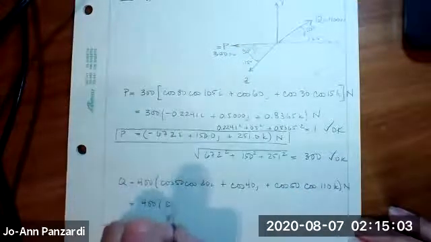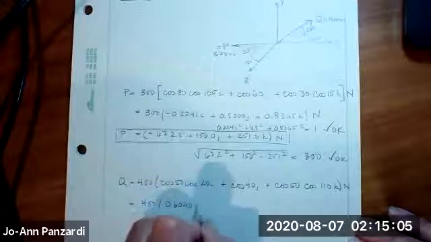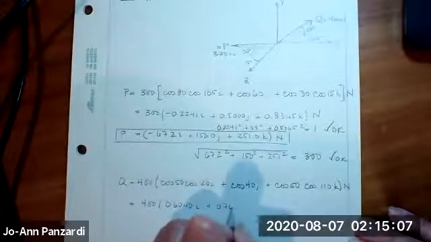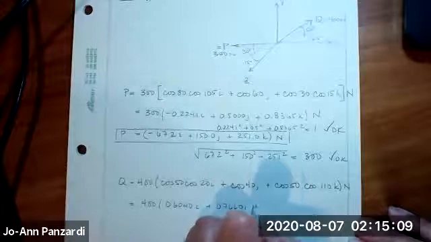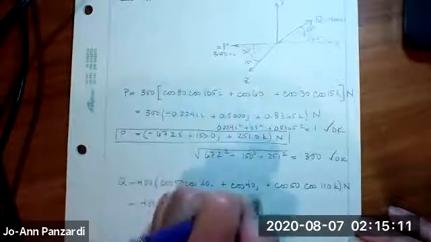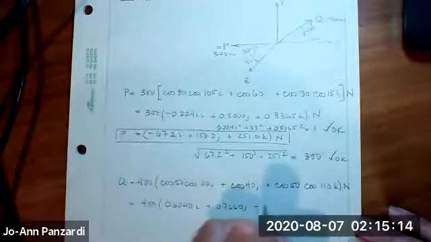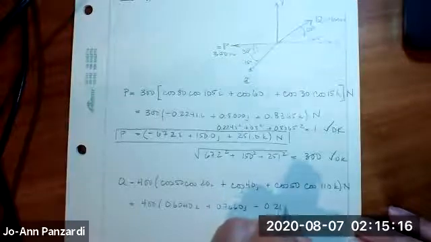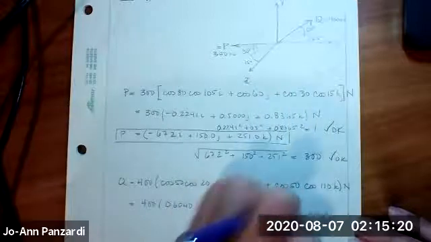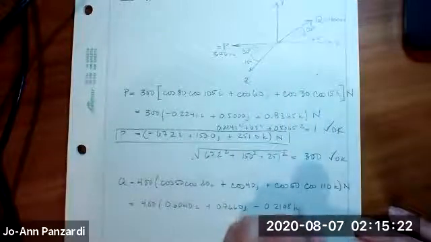And it comes out to be, and I'm using a calculator, 0.6040 i plus 0.7660 j, nope, it's a minus 0.2198 k, newtons.